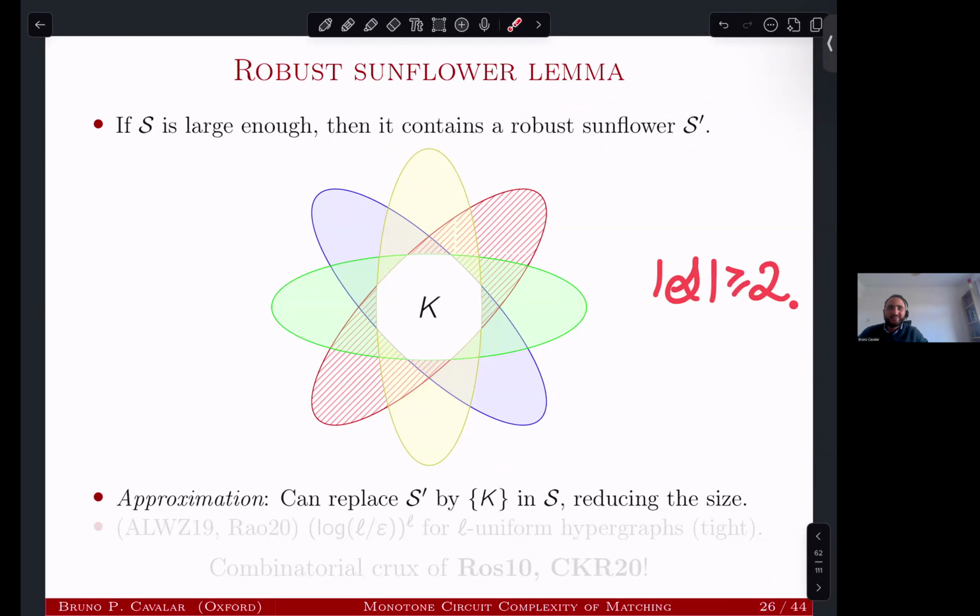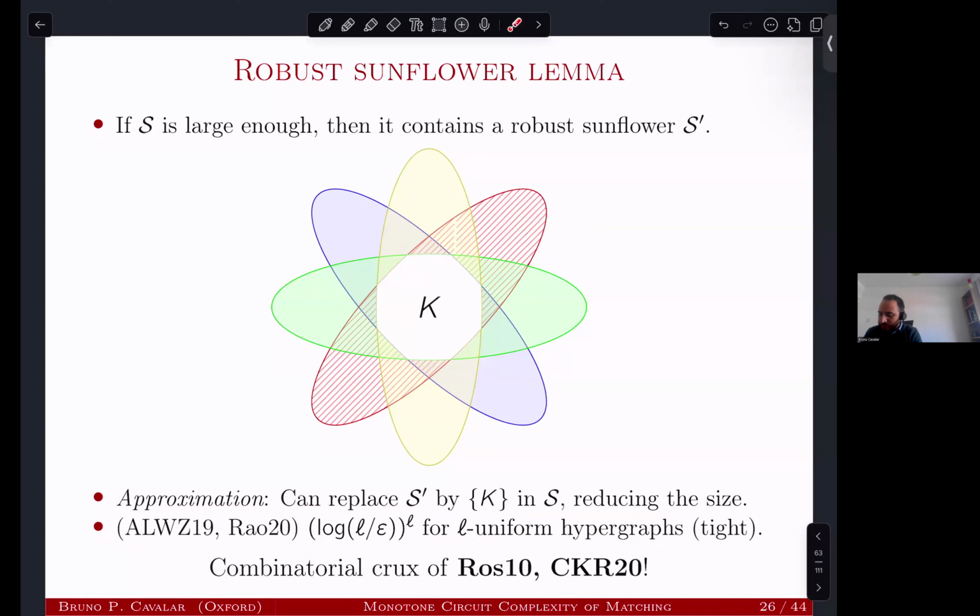So here I have this bound, which is the tight bound for robust sunflowers, given by Alweiss, Lovett, Wu and Zhang, and Rao. No need to be too concerned with this number here, but this is a bound for finding robust sunflowers in l-uniform hypergraphs. And if you want to find something like this using traditional sunflowers, you're going to pay this factor, which is exponentially worse.